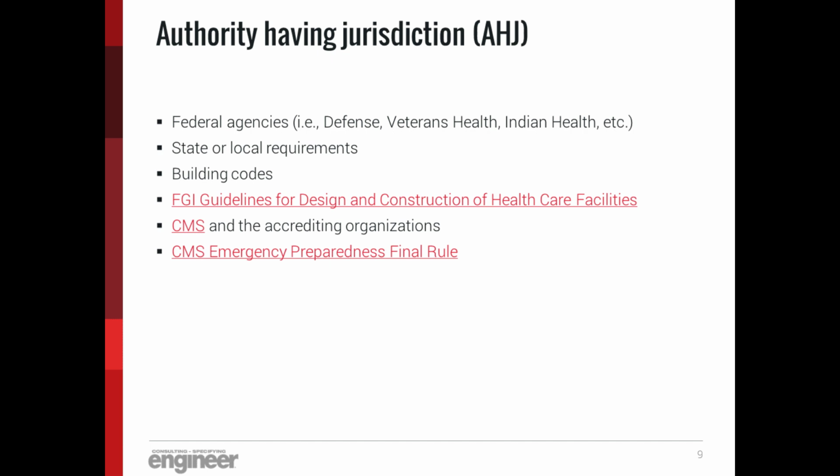But there are state and local authorities having jurisdiction that will also adopt whatever edition of the codes and standards they wish to have. The building codes is also an authority having jurisdiction, as is any local, state, or national authority that adopts the Facilities Guidelines Institute and the FGI guidelines.